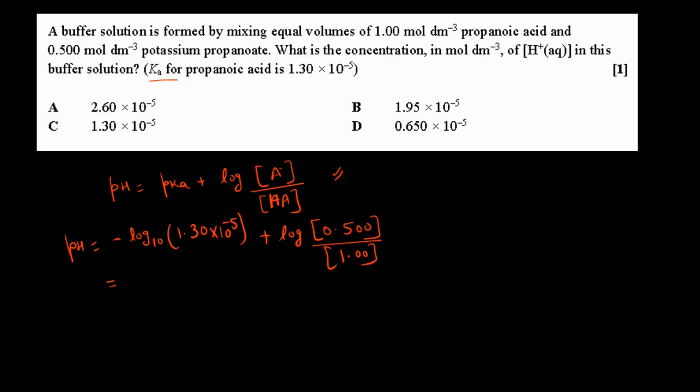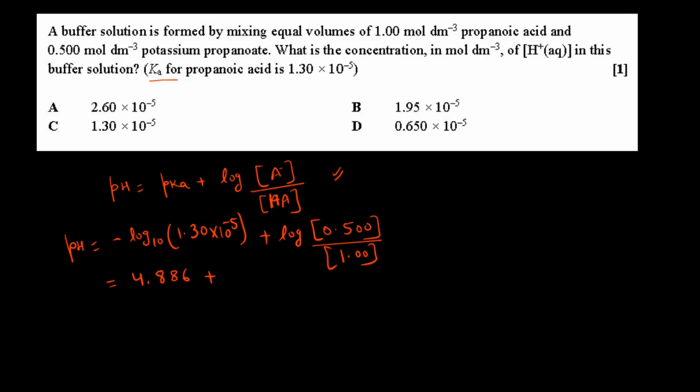So we take the log of this and it comes out to be 4.886 plus the log of 0.5.